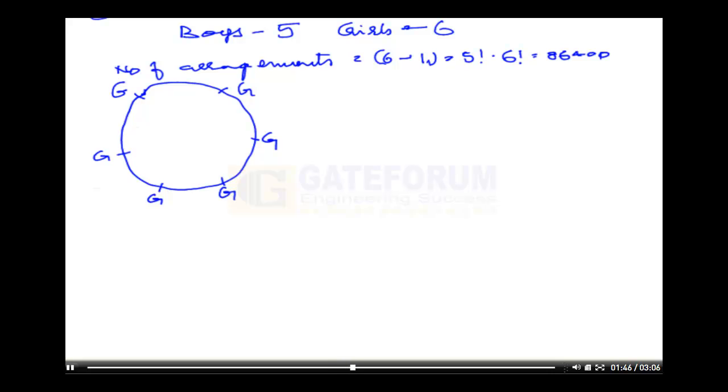These 6 girls can be arranged around a circular table in 5 factorial ways, and there are 6 places for the boys to be seated.